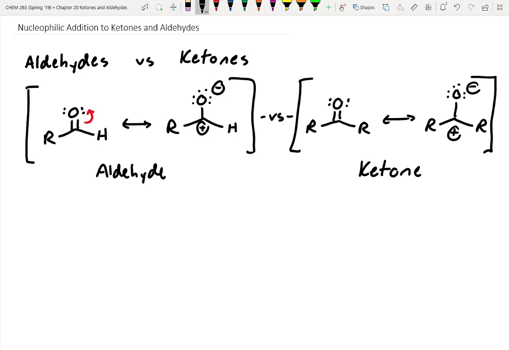Somebody said more substituted carbocation on the ketone. So you see this carbocation where it has two R groups next to it that could stabilize it. How is it stabilizing that positive charge? Hyperconjugation, right? So over here, this is more stabilized from hyperconjugation.